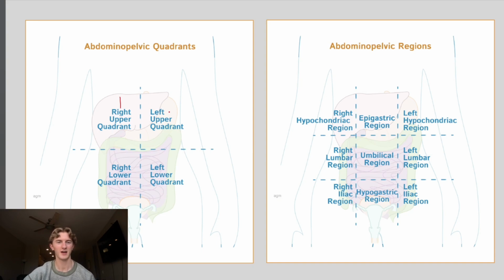Well, when it comes to anatomy, we always have to think in terms of anatomical position. So when we are talking about right and left, we are talking about the right and left of this person up here, the person that we are looking at. So from this person's perspective, this is their right side. So this is the right upper quadrant and this is their left side. So that is the left upper quadrant.